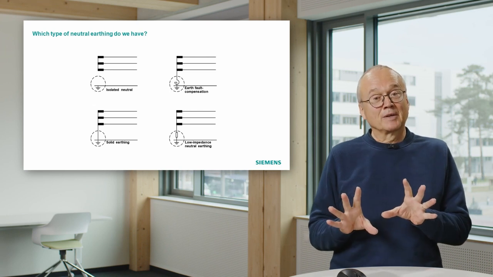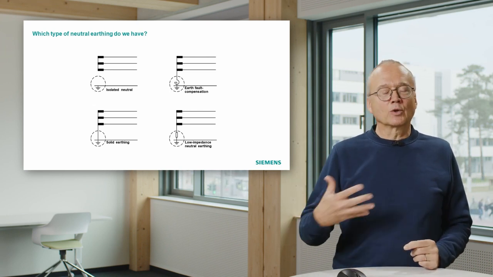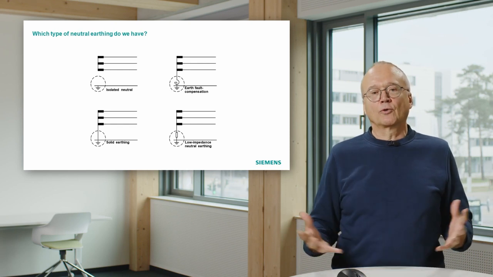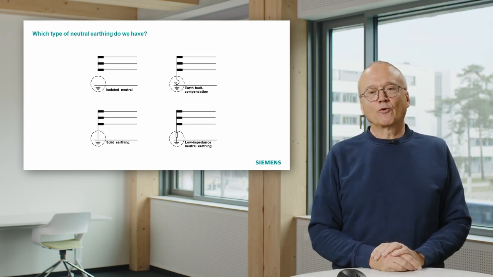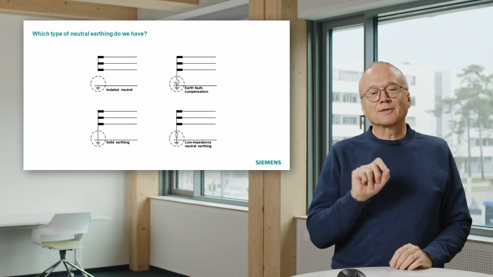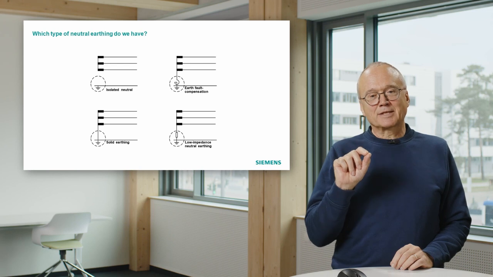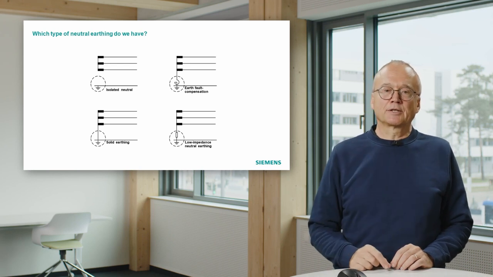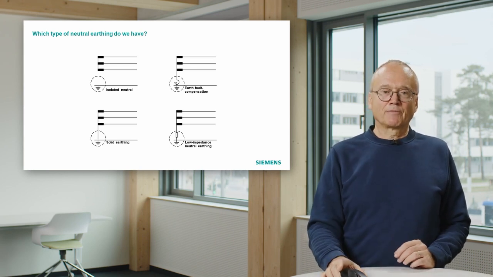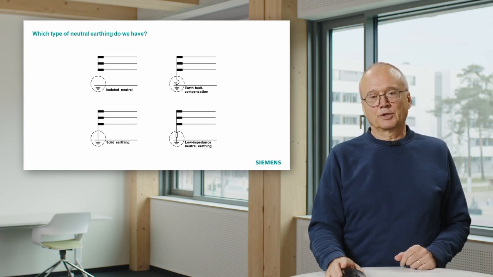That's the good thing. But on the other hand, you must find that fault. You can continue operation for seconds, even for minutes, but you must find this type of fault. That means in such a case, you must have additional protection functions to identify and to find out where this type of fault is.